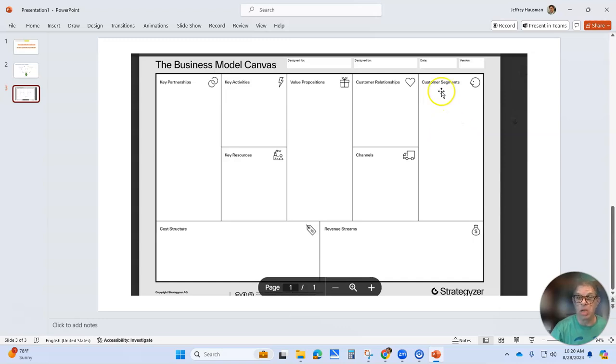So really it talks about customers, it talks about the different segments of your customers, the relationships that you would want to or need to have with your customers, and most importantly, the value proposition, the problem that you're going to solve for them, or the thing you're going to provide them that they want, right?